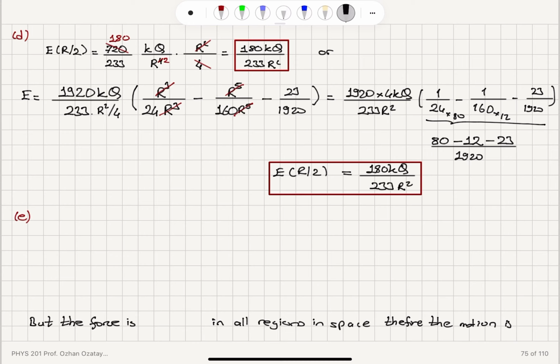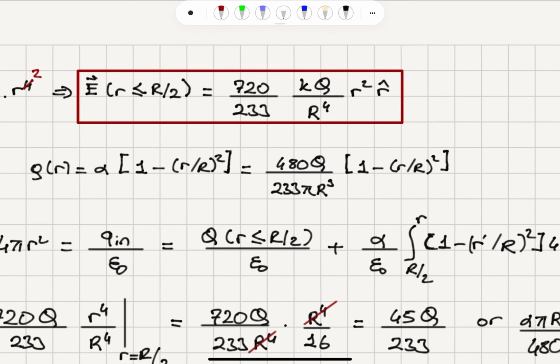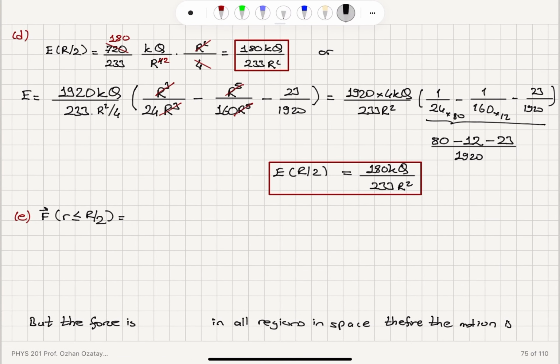The force it will feel for R less or equal to capital R over 2 is the electric field at that region multiplied by the charge. The electric field in this region was calculated in part B. This was the answer. So that will be multiplied by the electron charge. So we will have minus 720 K capital Q E R square divided by 233 capital R to the 4th power.